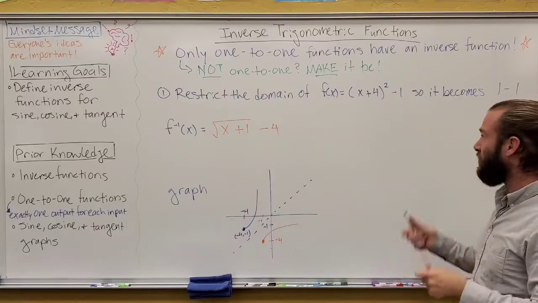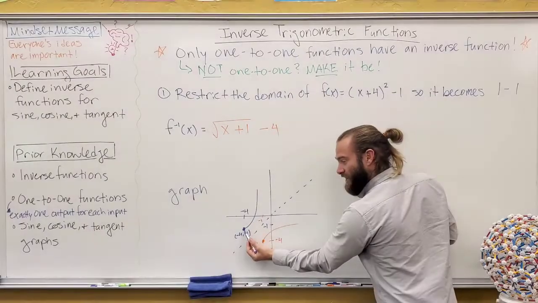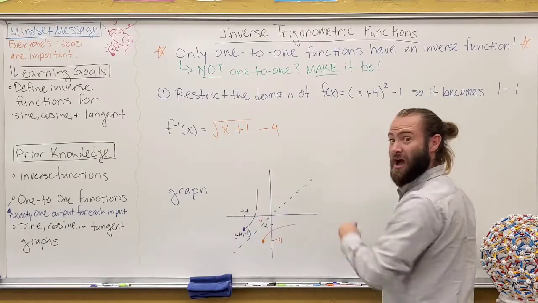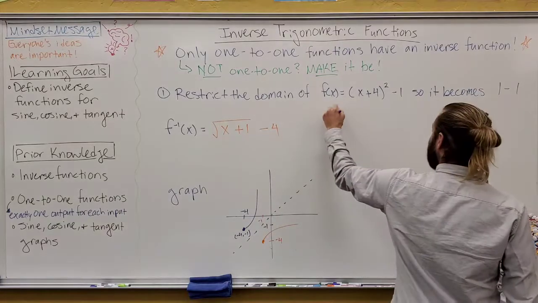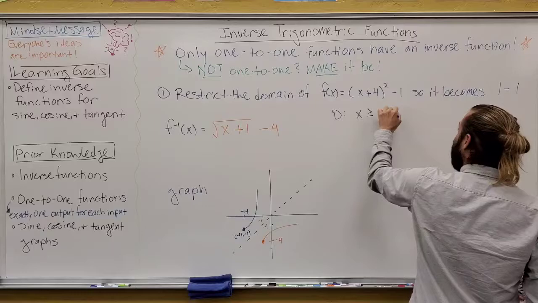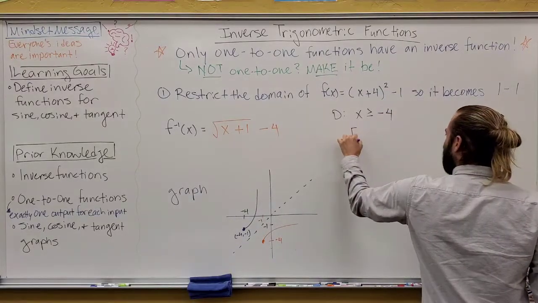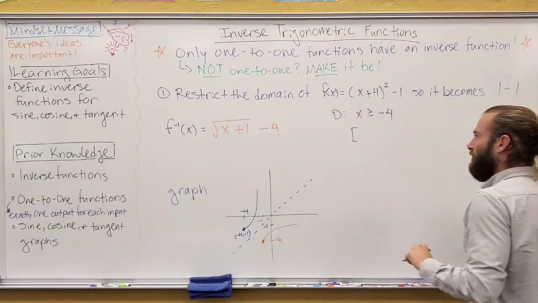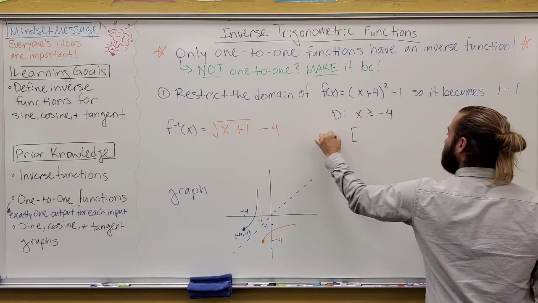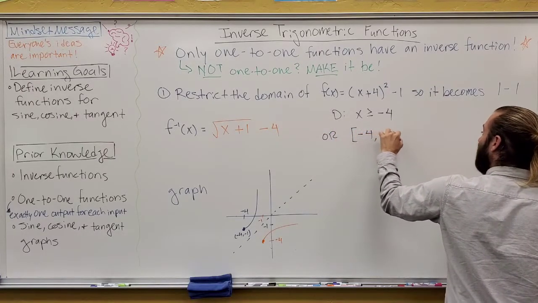So to answer the original question then, let's actually state it out. -4 is this vertex, so I can keep everything from -4 and up, right? So the new restricted domain would be x greater than or equal to -4. Another way we put that is, I'll share with you a kind of notation that's maybe new to you: sometimes with domain we express it by saying [-4, infinity).